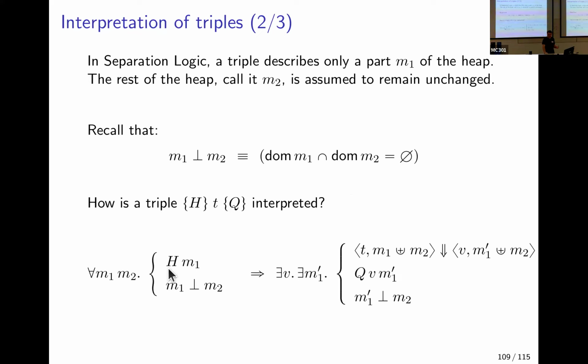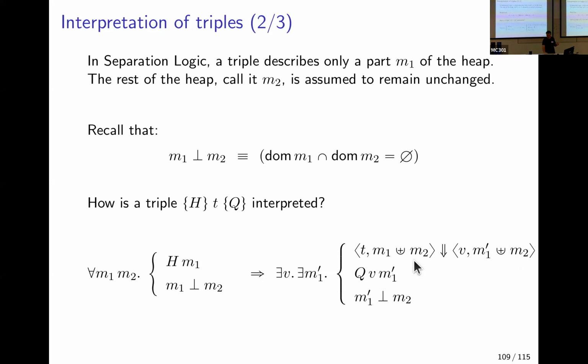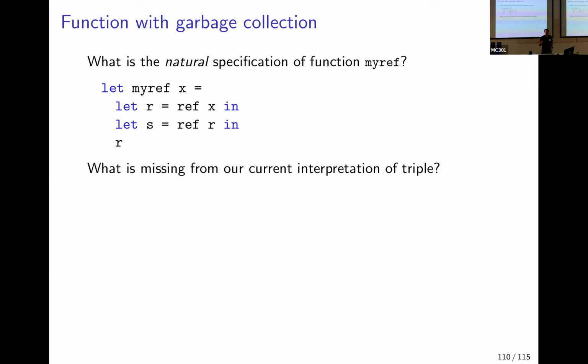For every M1, M2, if H talks about M1 and M1 is disjoint from M2, then we can reach a value in a new memory M1 prime that satisfies Q. And in fact, the rest of the memory is still there, and it's unchanged. So M2 is unchanged from this to this. So in fact, this can be reformulated. Wait, never mind. There is also one more thing: let's say you have some language with garbage collection.